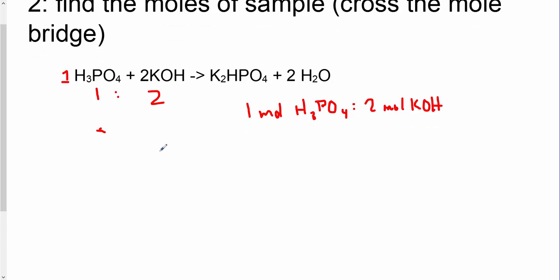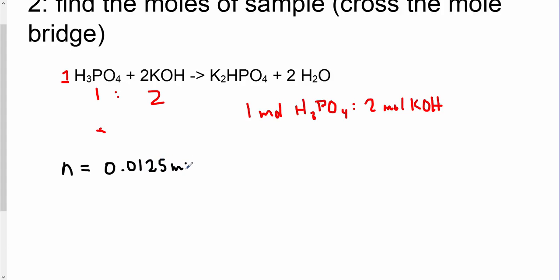So we want to find the moles of H3PO4. And we're going to start with the moles that we've determined in our last step of our standard that we added. So we determined that we had 0.0125 moles of potassium hydroxide.